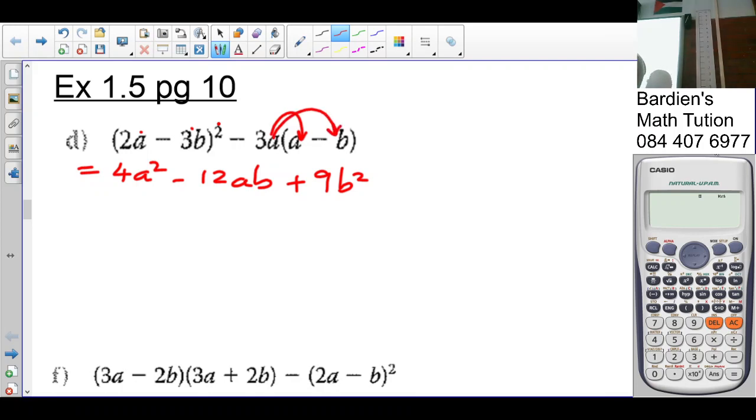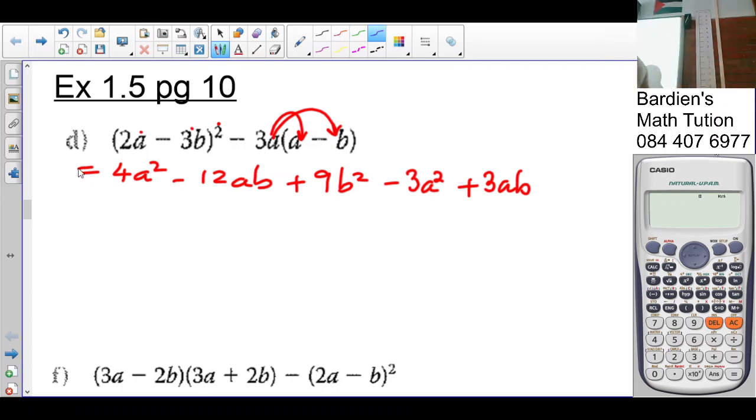So what do we get? Negative 3a squared. Negative 3a times negative b, positive 3ab.